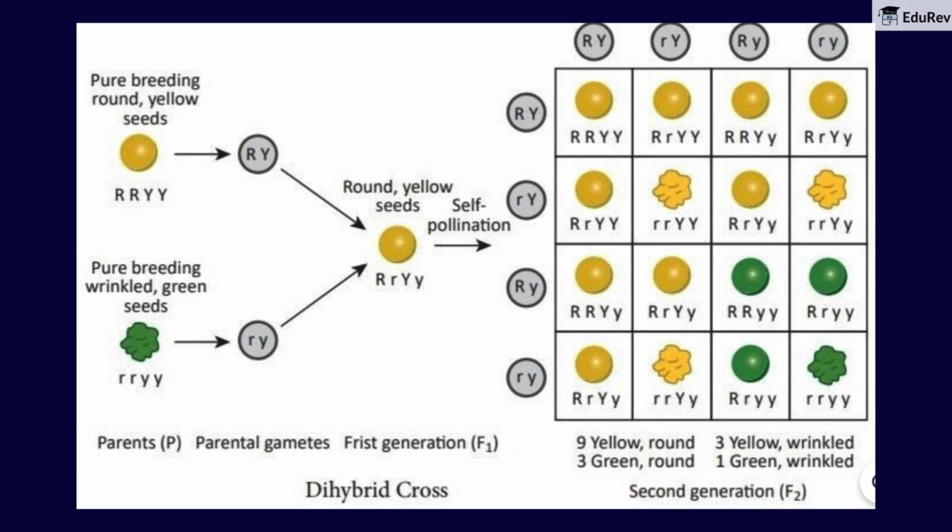In the F1 generation, all plants had round, yellow seeds, as round and yellow are dominant traits. When F1 plants self-pollinated, the F2 generation showed four types of pea plants in a 9:3:3:1 ratio.